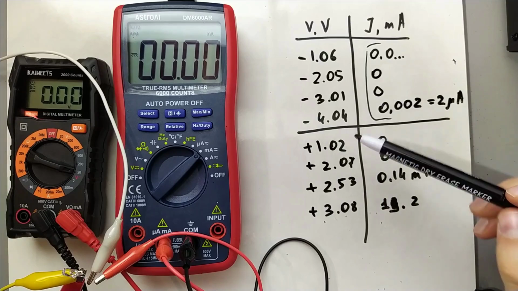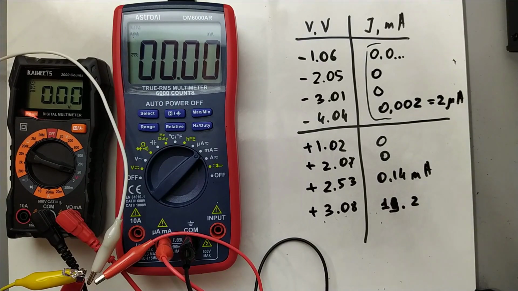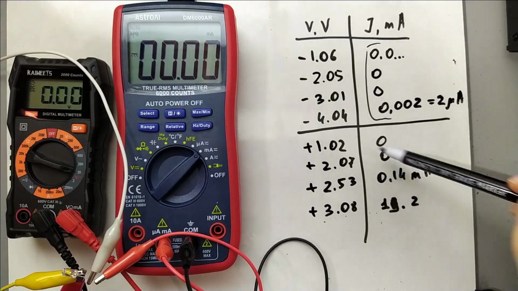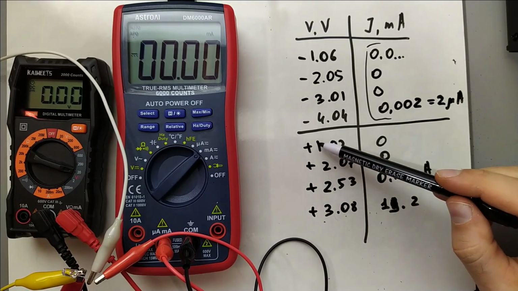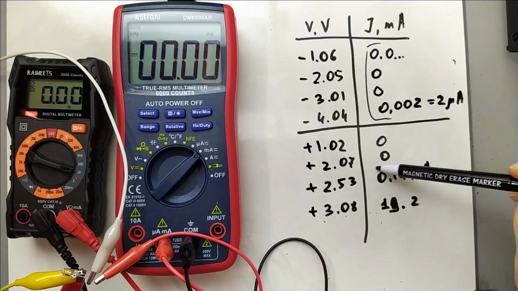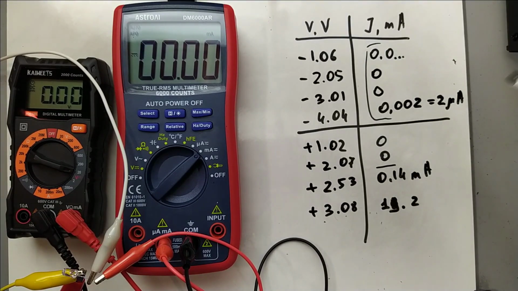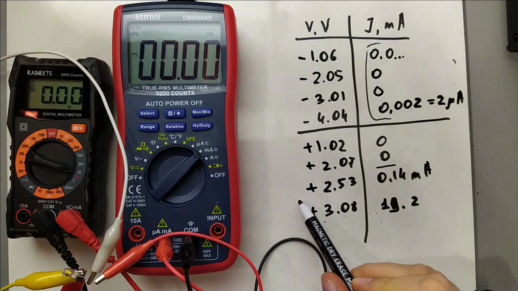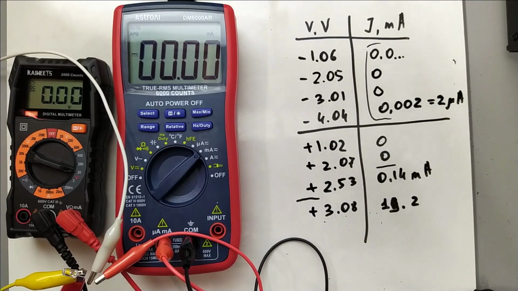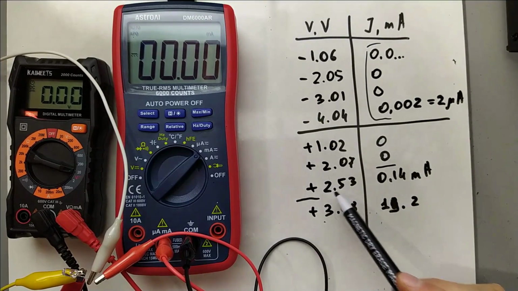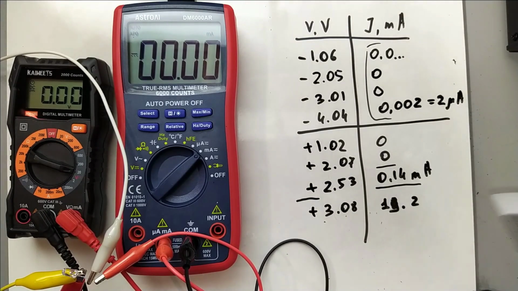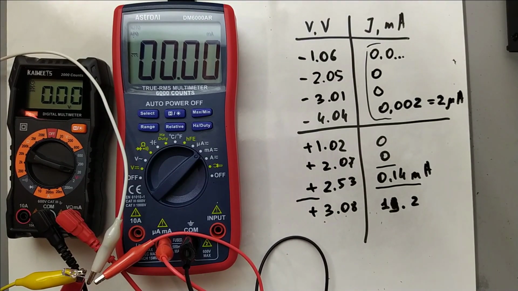However, at forward bias, we have some similarity at low forward bias, which is plus 1 volt, 2 volts. It also gives us no current in the circuit. However, there is some so-called turn-on voltage, and for this particular blue LED, it is around 2.5 volts. We start to measure some current flowing through the device and also visually observe blue light emission.